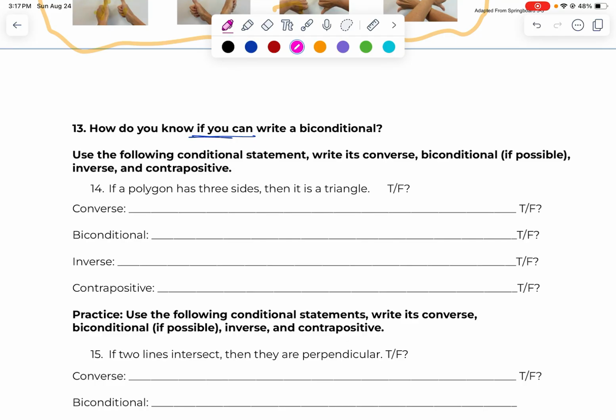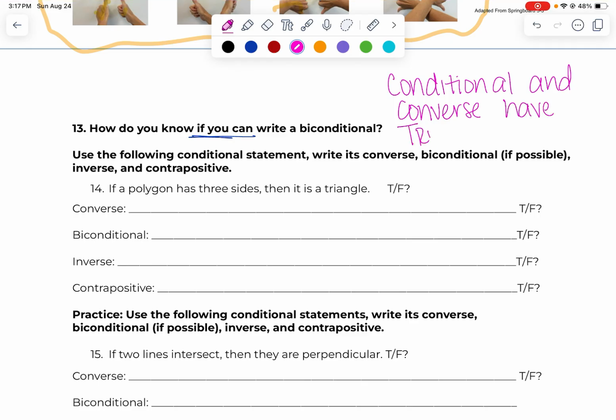All right, if you said the conditional and converse, okay, those are the two we look at, they have to have true statements. So conditional and converse have to be true. They both have to be true.